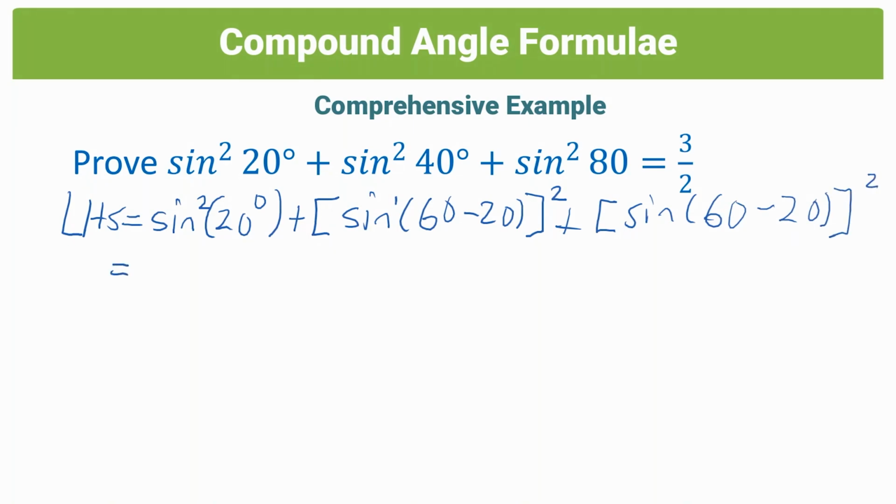So we have sin²20 degrees plus, now we have our sine compound angle here. So we know our pattern for sine is sine cos, cos sine, same sign, right?